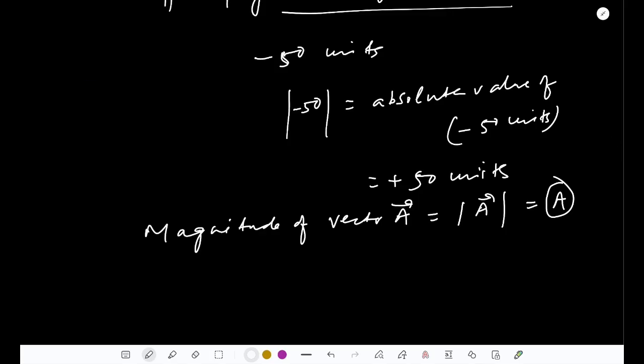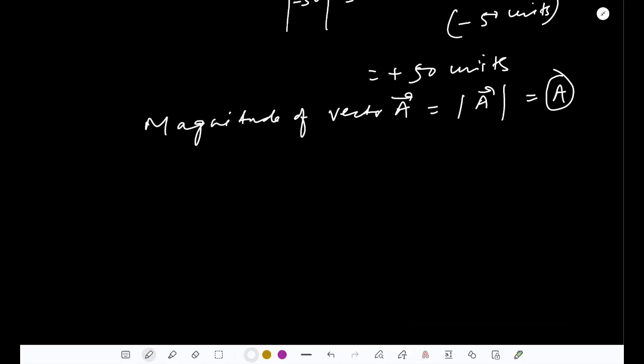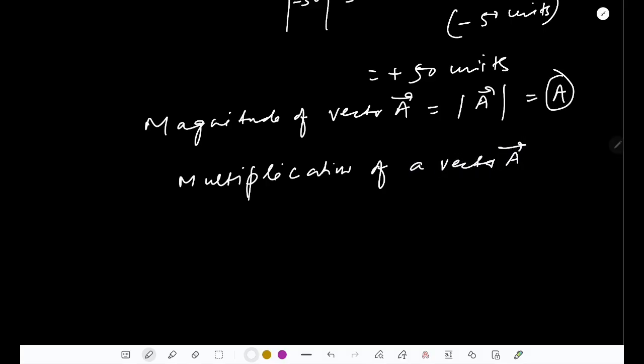Now I would like to discuss the multiplication of a vector, suppose vector A, by a scalar, and for a scalar I will prefer writing M. When a vector A is multiplied by a scalar M, it can be simply written as M multiplied by vector A. And what is this MA?